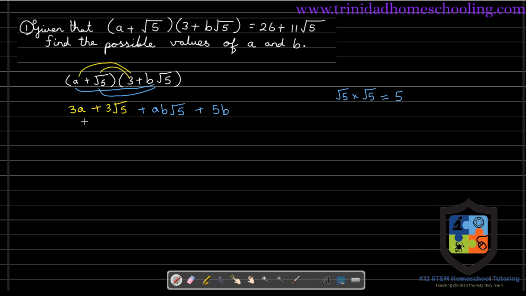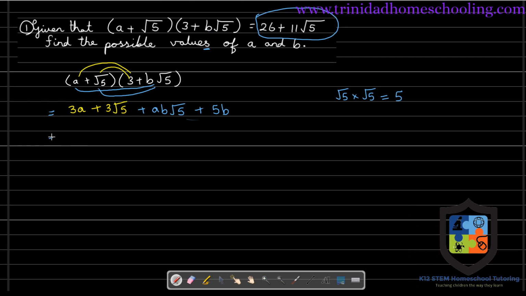Now we need to simplify this. We're trying to get this form here in order to find the possible values of a and b. So let's see if we can rearrange or simplify it so that we get it into a form where we have this constant at the front being added to a number multiplied by the root of 5.